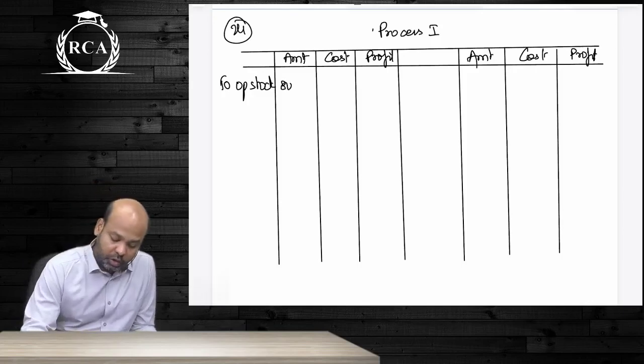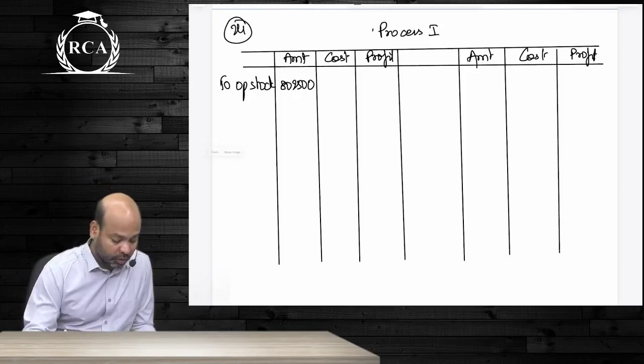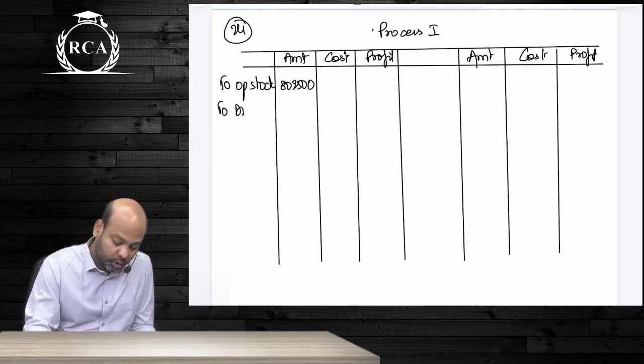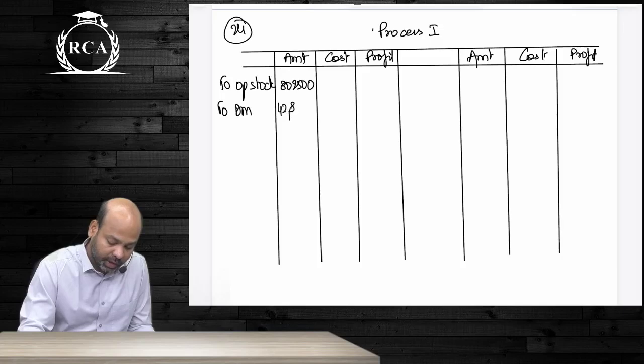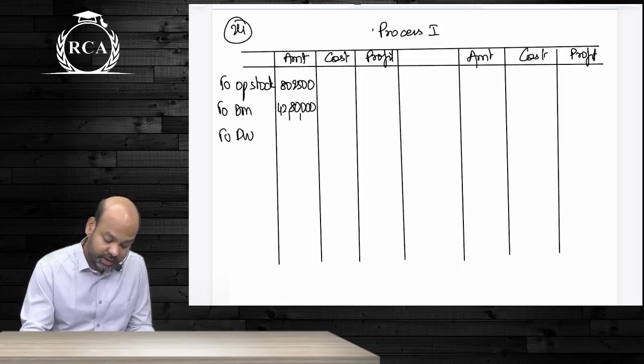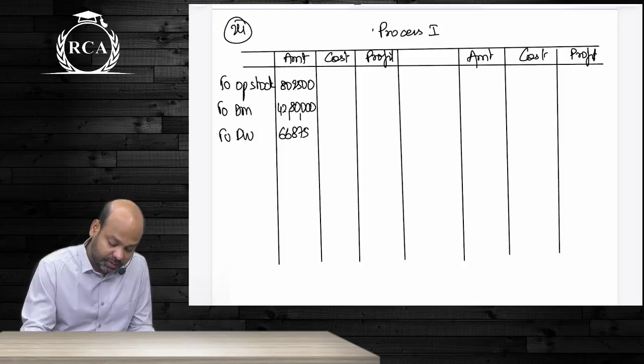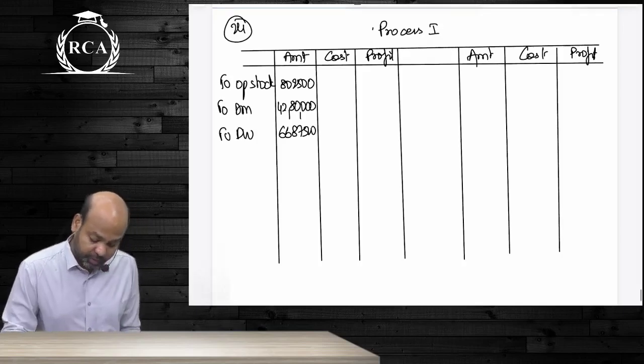You will write in the amount column: to opening stock 8,02,500. To direct materials, beta, it is 42,80,000. To direct wages, guys, it is 66,87,500. Should I total it up till this point?